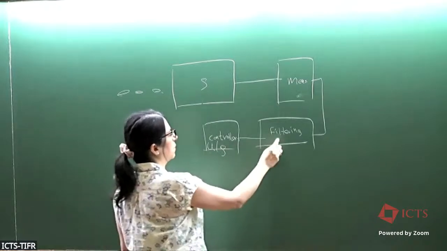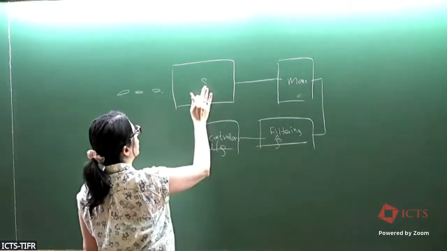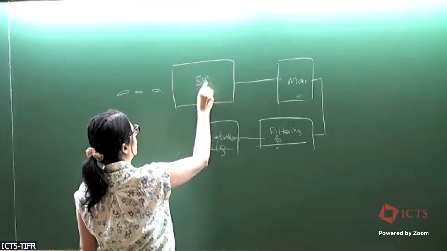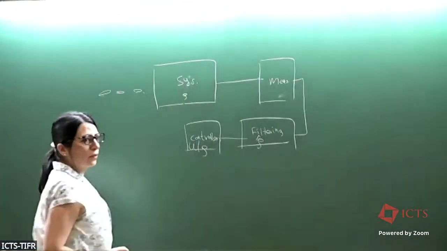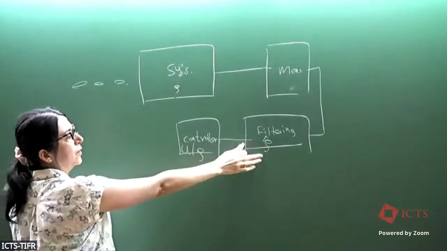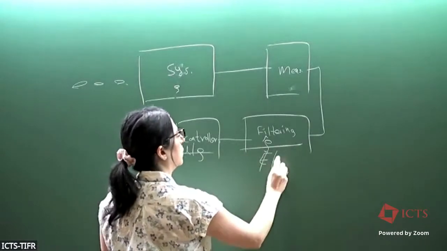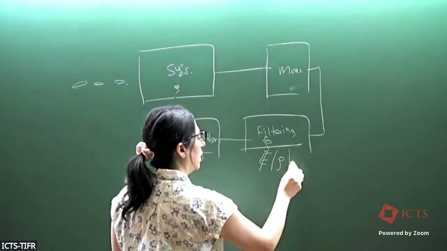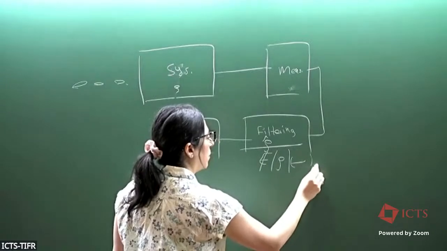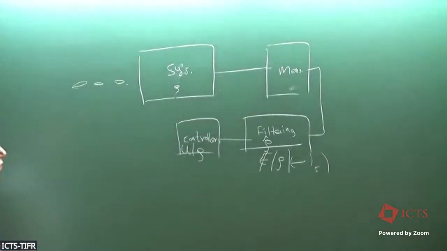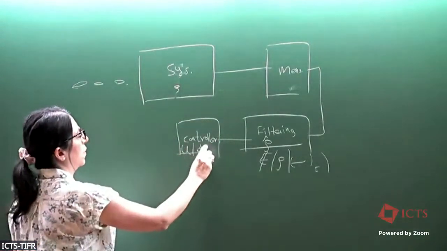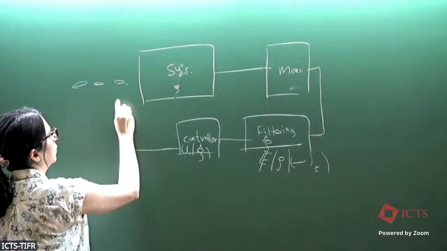I will call this, for example, rho hat. You have your rho, the true state of your system, and this is your estimation, which is the expectation of rho based on the observation process up to time t. So the control is a function of rho hat, and then you input this.